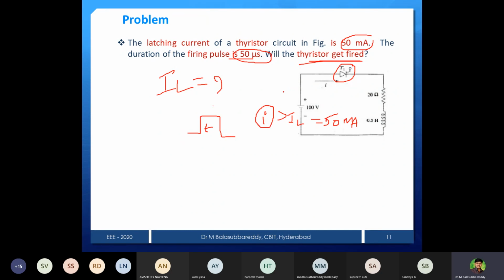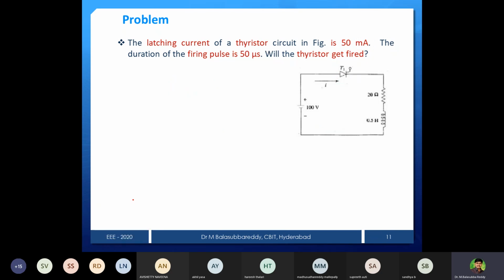Otherwise, it will turn off. The question is whether the thyristor gets fired or not, so simply find the current passing through the circuit. If that current is greater than 50 milliamperes, it will fire, otherwise turn off.